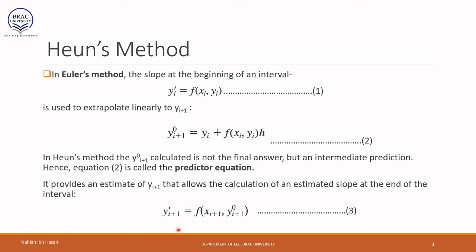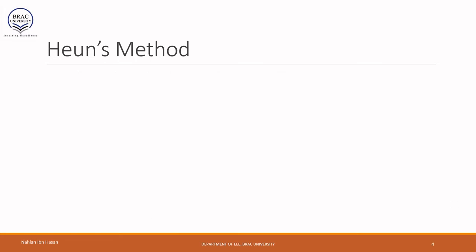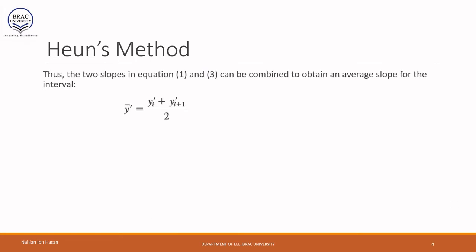We are going to estimate a new slope at the end of the interval by using the predicted result, yi plus 1 superscript 0. We substitute this value inside our ordinary differential equation, and we get a new slope at the end of the interval.